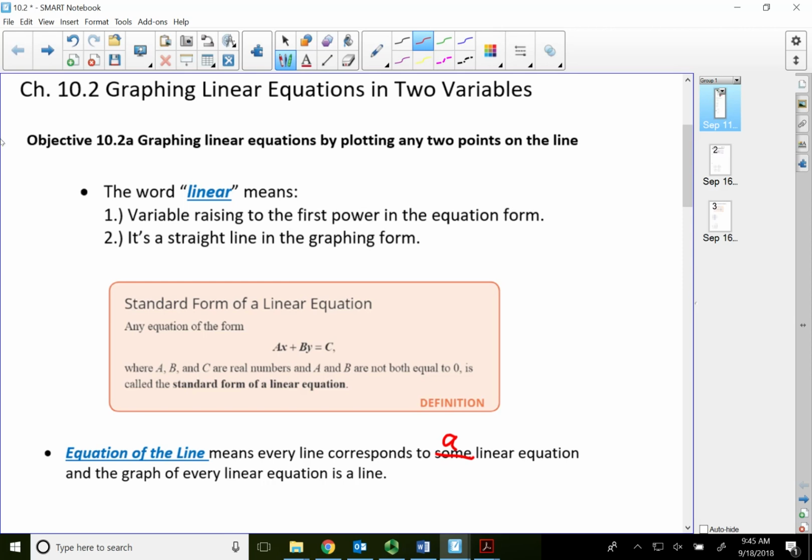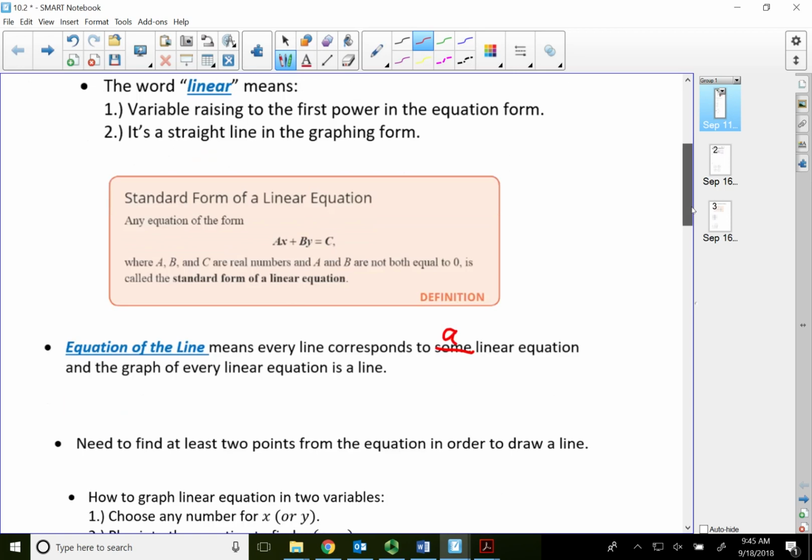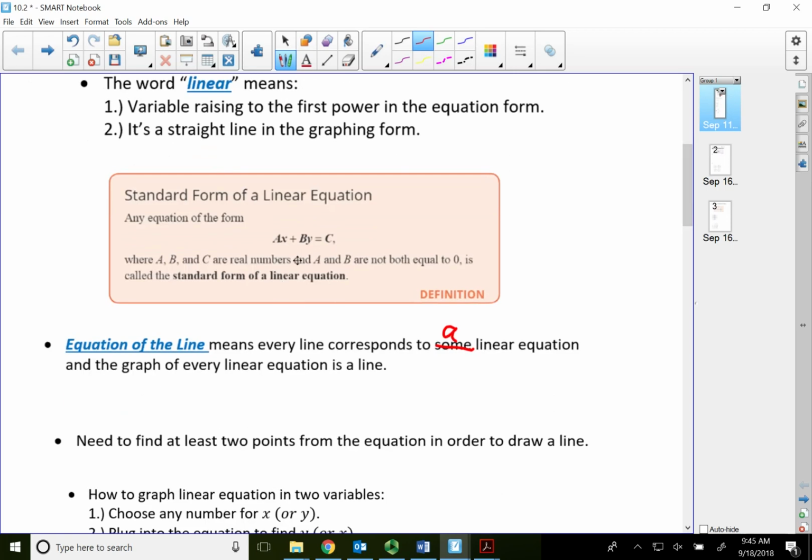Normally, the equation of a line is written in a couple of different ways. One of them is called the standard form. For a linear equation in two variables, standard form means the two variables x and y are on the same side of the equal sign, and a constant term is on the right-hand side.